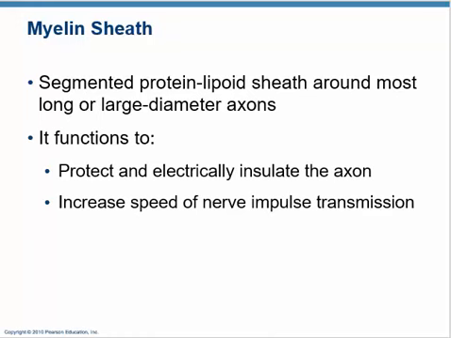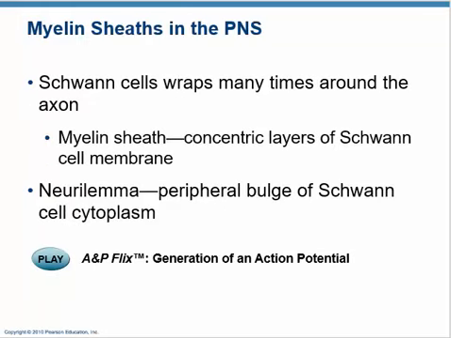But it also increases the speed of transmission. So the Schwann cell will wrap around the axon the same way as toilet paper wraps around the cardboard roll, just concentric layers that wrap and wrap and wrap. Now, these are separate cells. Each one of them is separate.